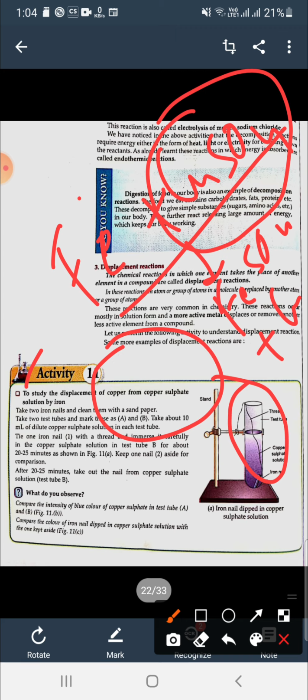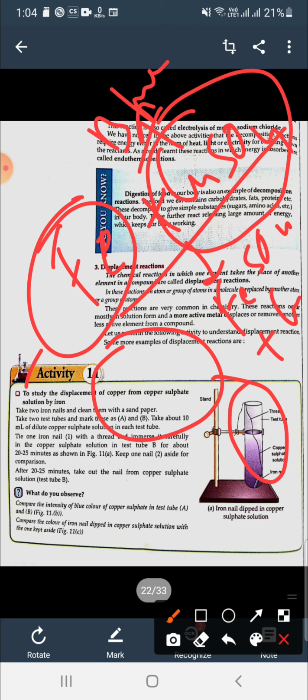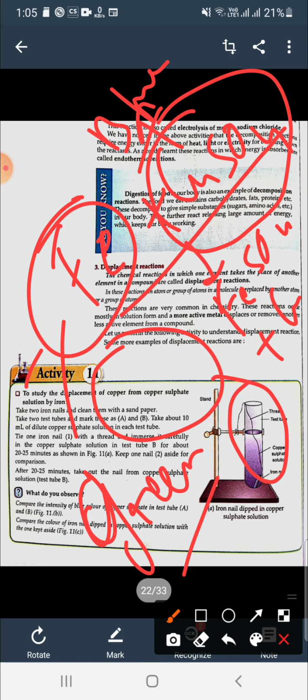Before adding the iron nail, the color of the copper sulfate solution is blue. After some time, the color starts changing into green, because ferrous sulfate has a green color. So it changes from blue to green, and there is a layer of copper on the iron nail.